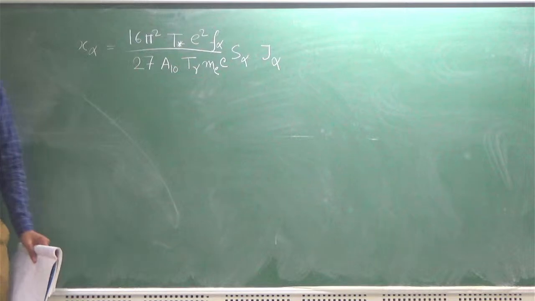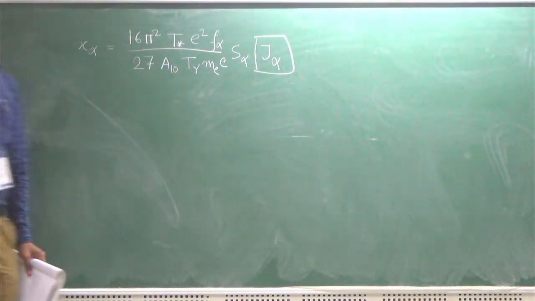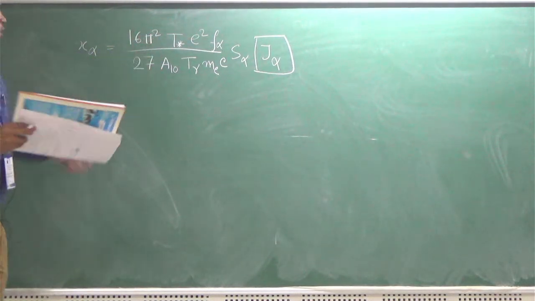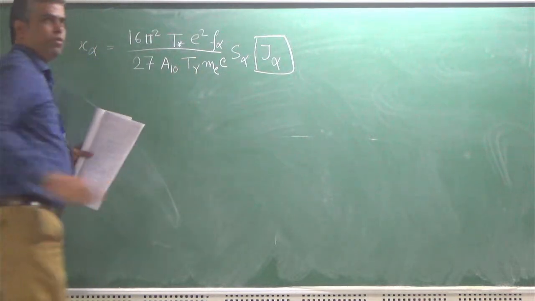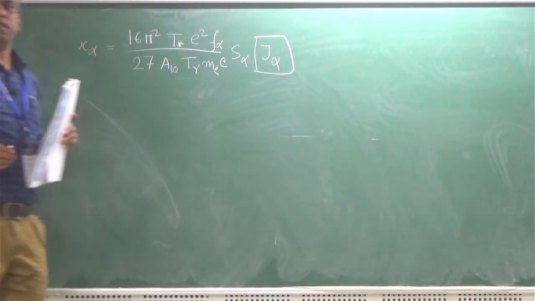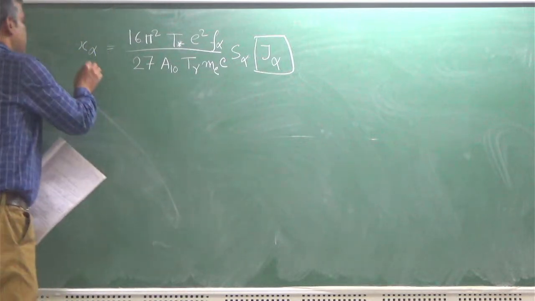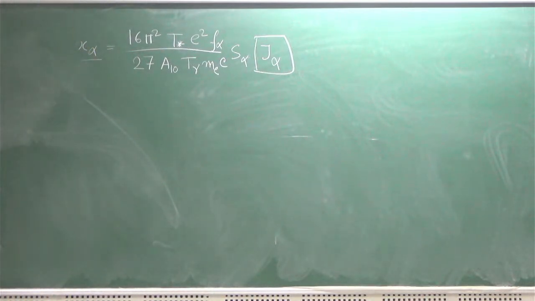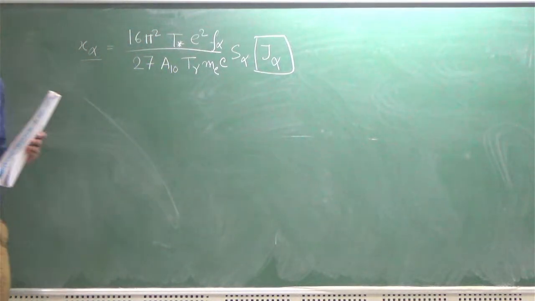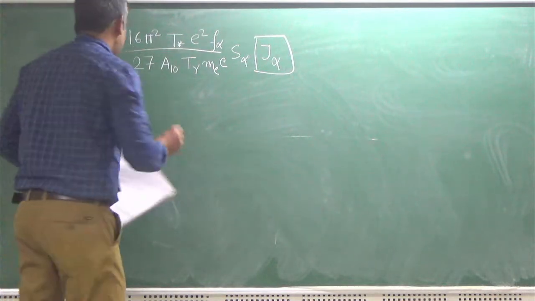All quantities except these are known, kind of constants. So this is T gamma, this is T, also known. This is J alpha, the Lyman alpha flux. In order to calculate X alpha, we need to calculate J alpha, that is the Lyman alpha flux.